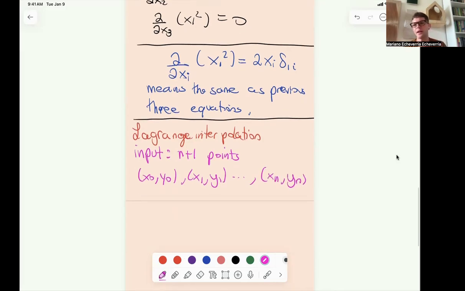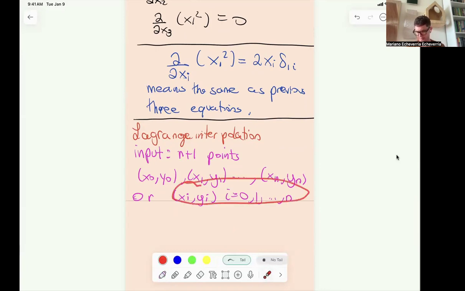Or if you prefer, just to get used to the index notation, you can summarize them all alternatively as xi, yi, where i goes from 0 to n. Okay?